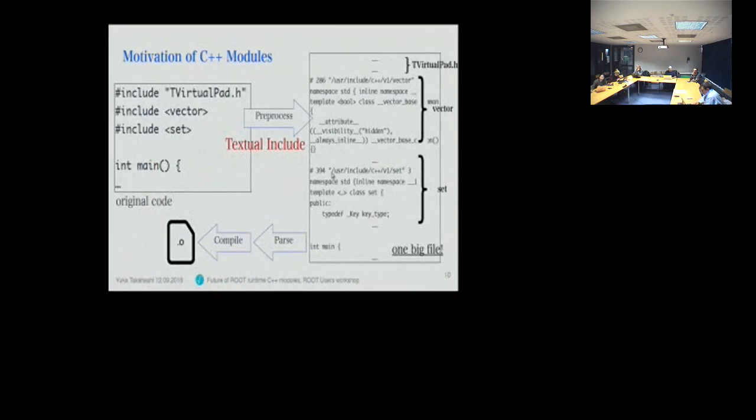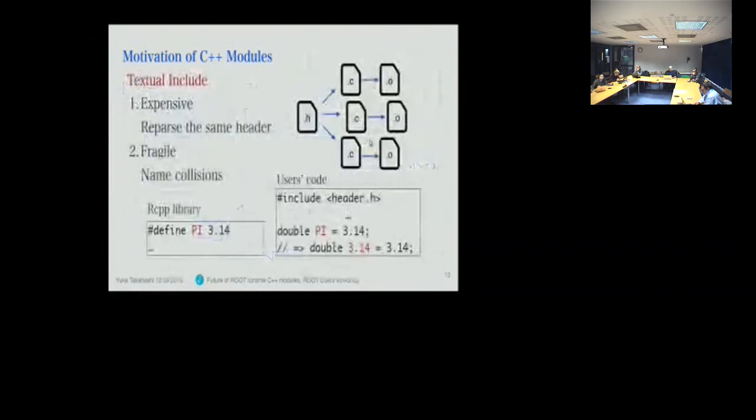For textual include, it is basically copy-pasting. Each #include is expanded to actual text by the preprocessor. In this example, each TVirtualPad.h, vector, and set in the original code is expanded to those sections. Textual include can cause some problems. First of all, it is expensive in terms of performance.